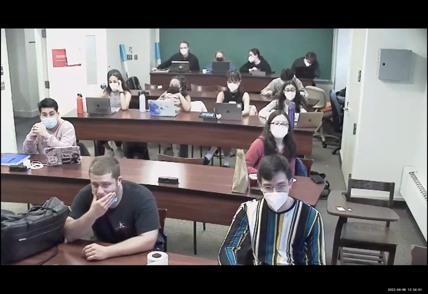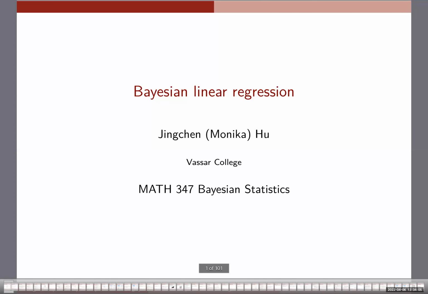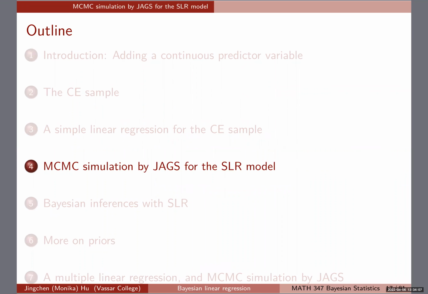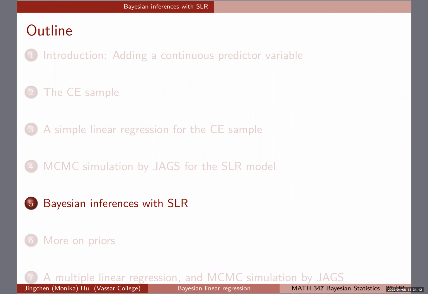So the plan is to cover two more topics from this Bayesian linear regression. If you remember, last time we talked about how to write out the model using the normal model as the basis, but then adding a continuous predictor.